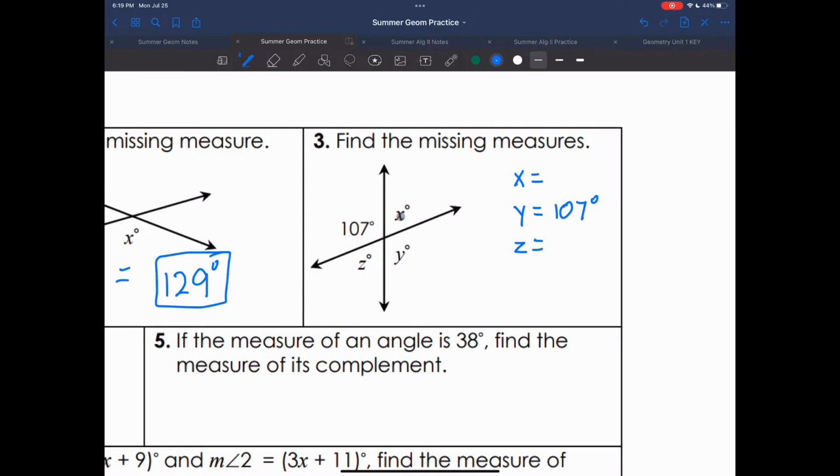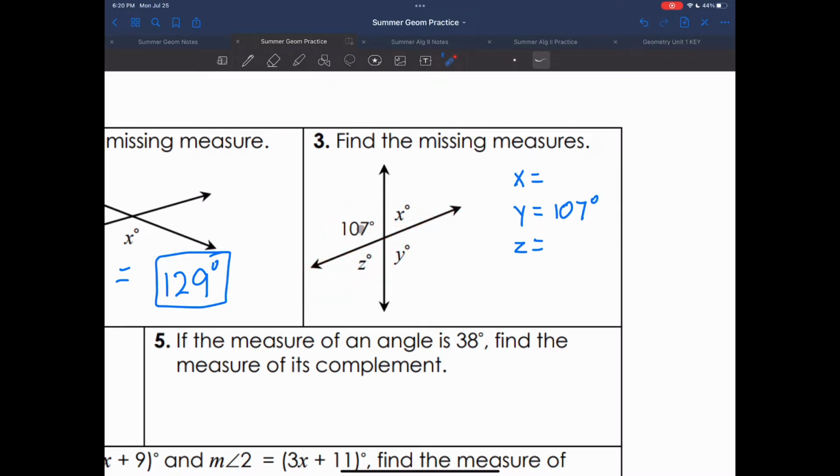Well, whatever x is, I know z is going to be the same thing because for the same reason, these are vertical angles and those are going to match each other. So they're going to be the same degree. Okay, so let's maybe look at from here all the way to here, right? If we kind of ignore this bottom part, we have like a straight line with two angles coming off of it, which means those two angles do have to add to 180 because they form a straight line, or we could say they're a linear pair or they're supplementary.